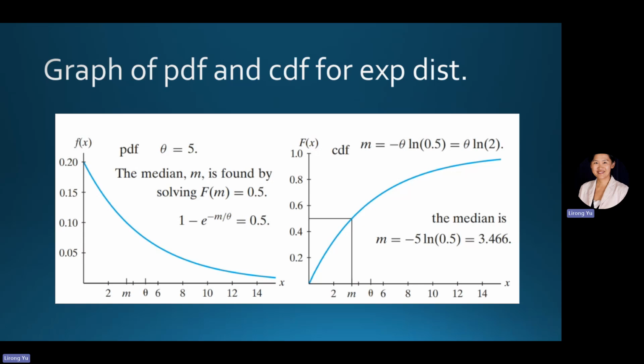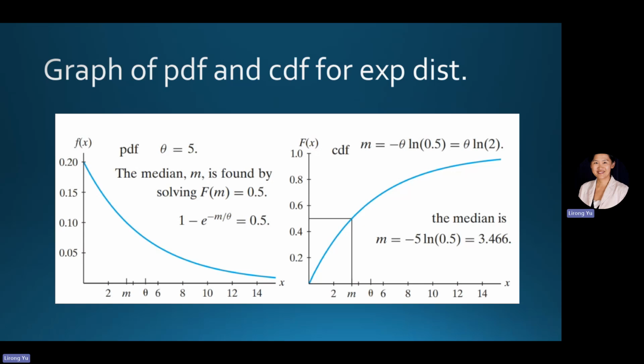Solving for m, you can find the location of the median. You subtract, and you get 0.5 equal to e to the negative m over theta. Negative m over theta equals the logarithm of 0.5, and then multiply by theta, and we have the formula for m. Then you can try to graph it once you have the location of m.